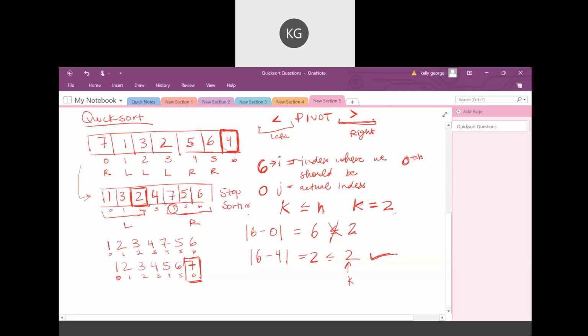This is how you get an array that's partially sorted using quicksort, because you can stop when where the number should be and where it actually is are only 2 or fewer indexes apart. In this part, the 7 was at index 4, and the actual place it should be is index 6. So 6 minus 4 is 2, which is less than or equal to 2, which was our value of k. And that's it.